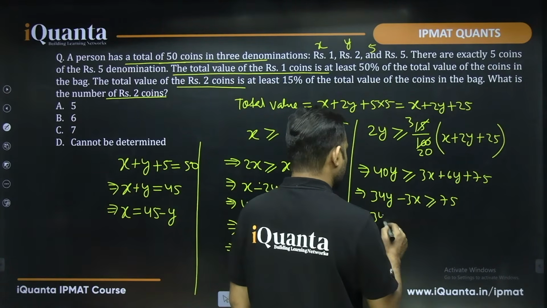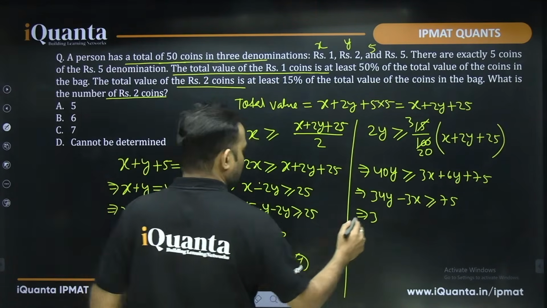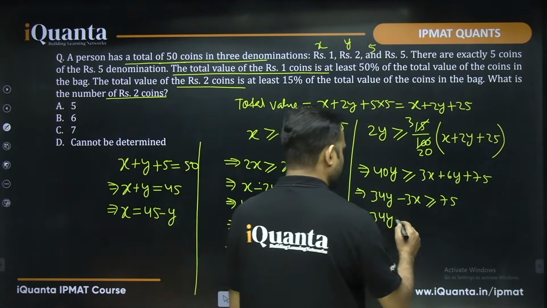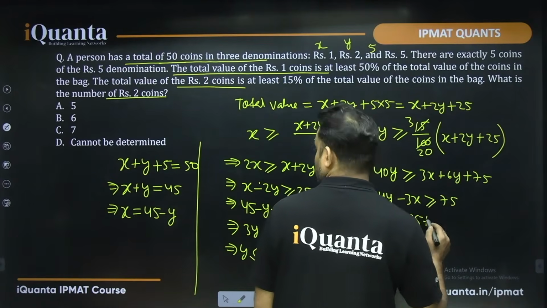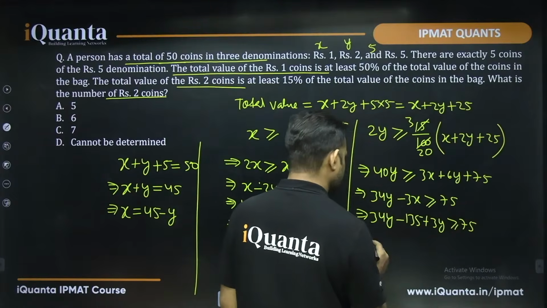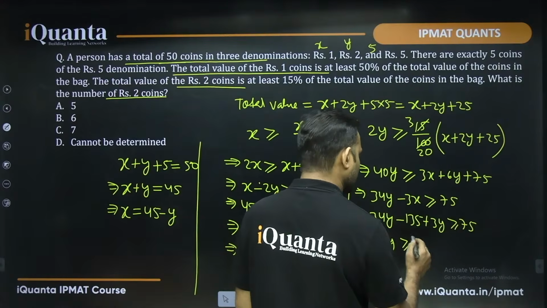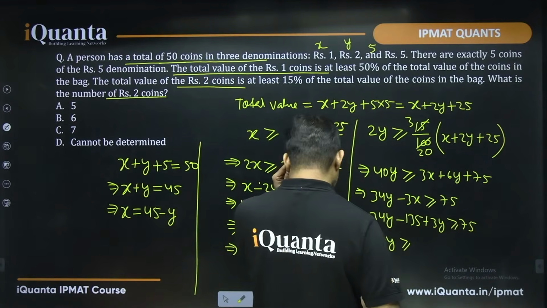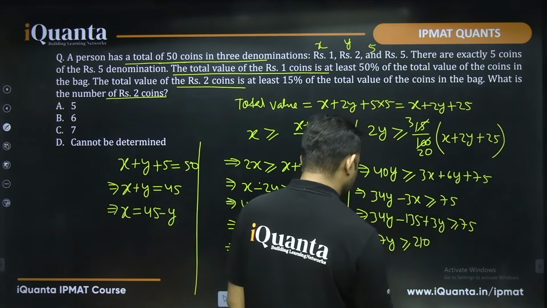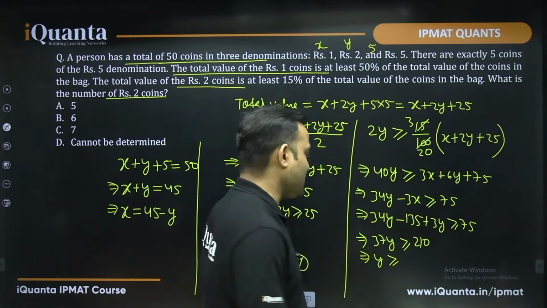Now 34Y, instead of 3X I can put 135 minus 3Y, so 34Y minus 135 plus 3Y is greater than or equal to 75, or 37Y is greater than or equal to 210, or Y is greater than or equal to 5 point something.